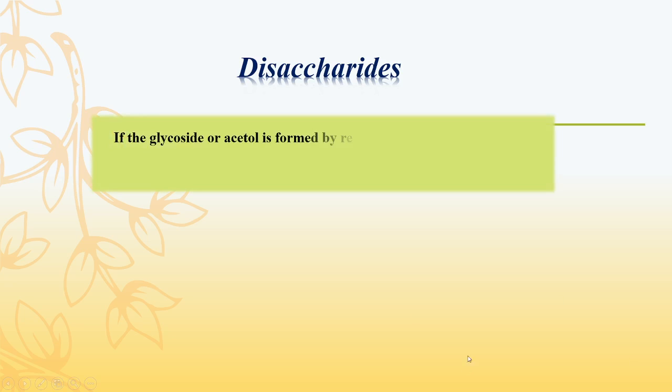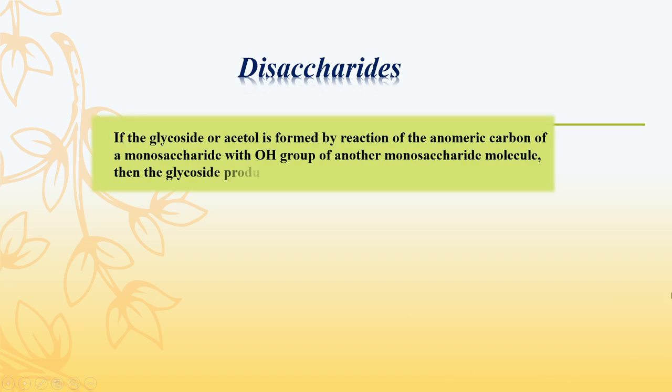So how can it form? If a glycoside or acetal is formed by the reaction of the anomeric carbon of a monosaccharide with the OH group of another monosaccharide molecule, then the glycoside product is a disaccharide. That means disaccharides are formed when two monosaccharide units are joined. So how can it be joined?